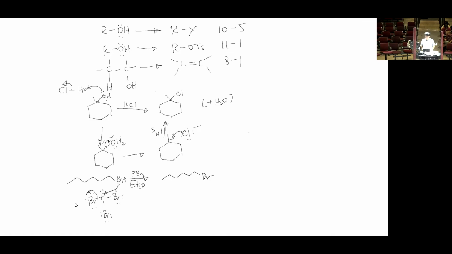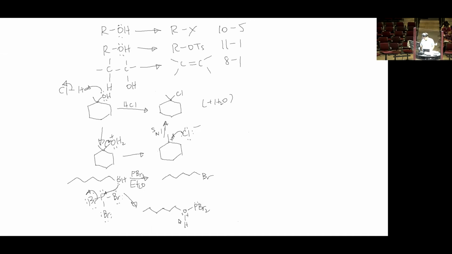I don't think that does much, if any, violence to the system. And that's going to give us this intermediate with a plus charge on oxygen, and now PBr2, right? Because we've lost one of our bromide ions.